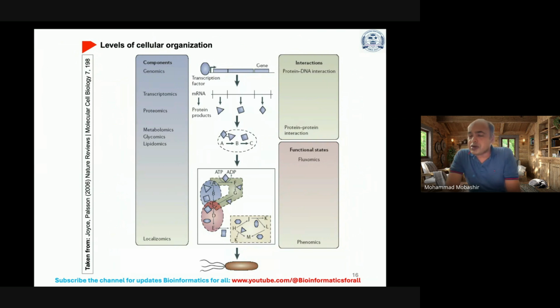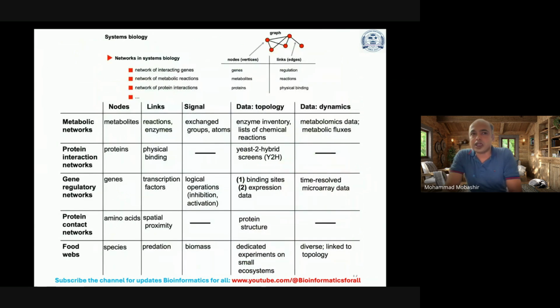You need to understand what association or linkage exists between these components. Finally, what will be the functional states, which could be fluxomics or phenomics? And in between, you have these things which you need to perform by using systems biology.